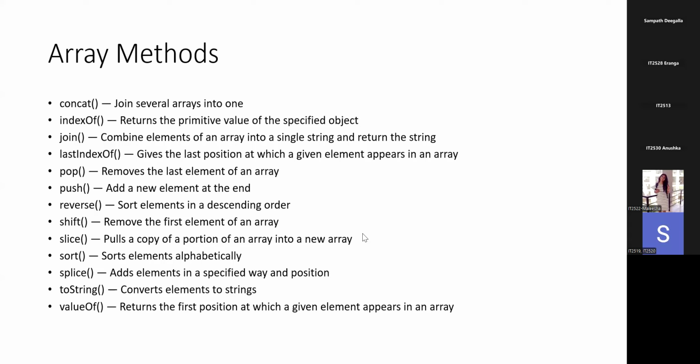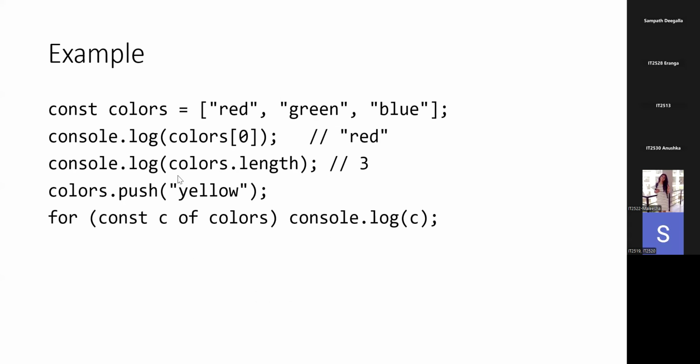But let me explain a couple of them. Here, we declare the colors array with the three values as strings: red, green, and blue. With the index 0, we access the first color. And the length property will give you the number of items inside the colors array, which is 3.